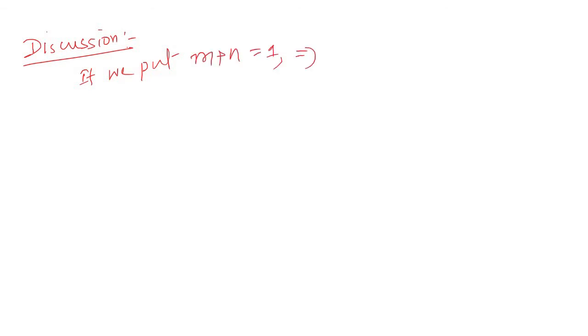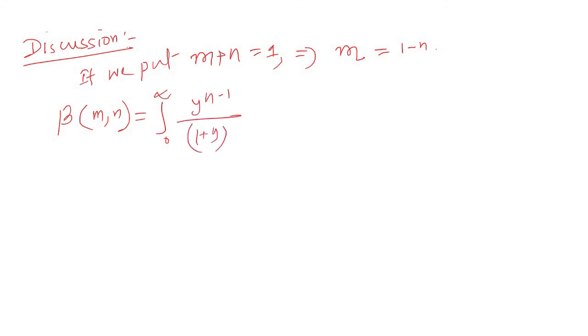Now we are going to discuss some important points. If we put m plus n equals 1, this gives m equals 1 minus n. Beta(m, n) equals the integral from 0 to infinity of y to the power n minus 1 over (1 plus y) to the power m plus n dy.